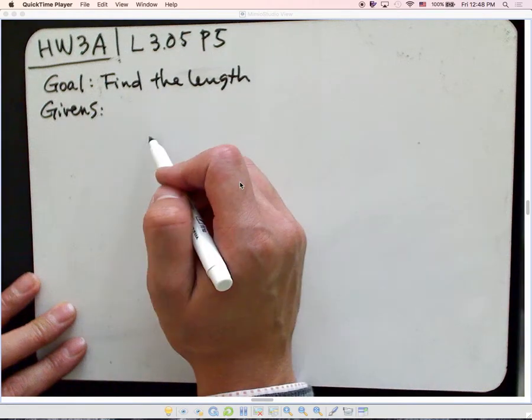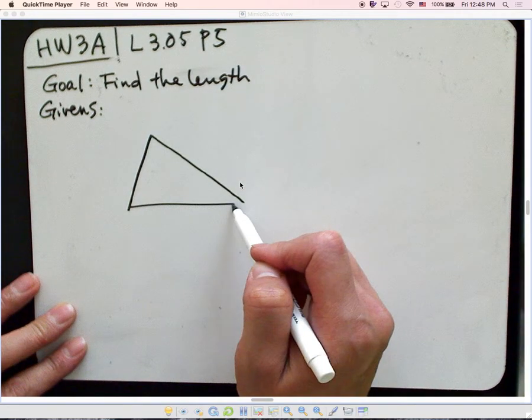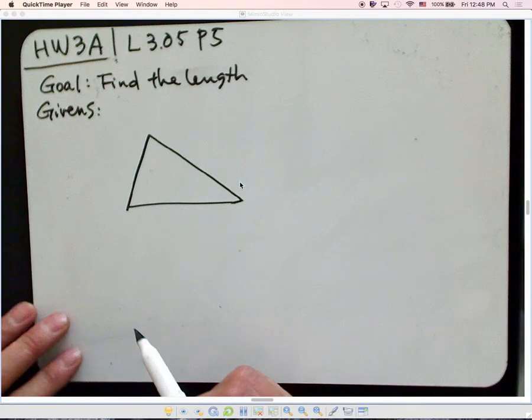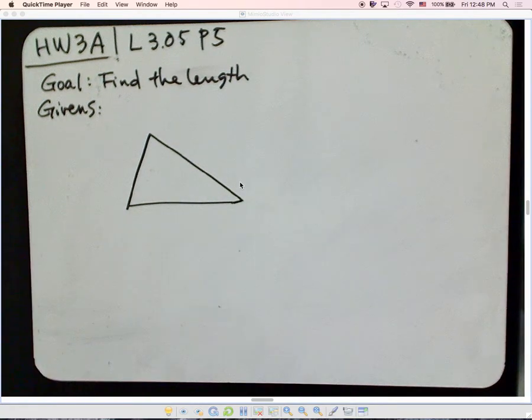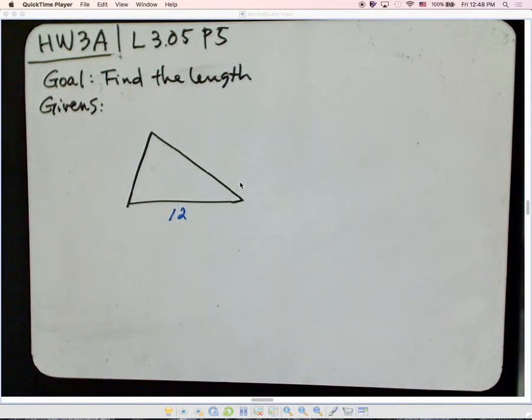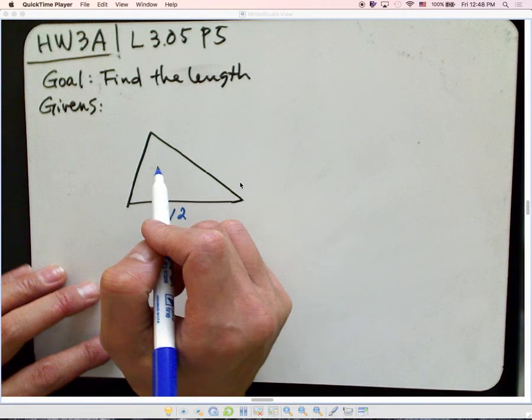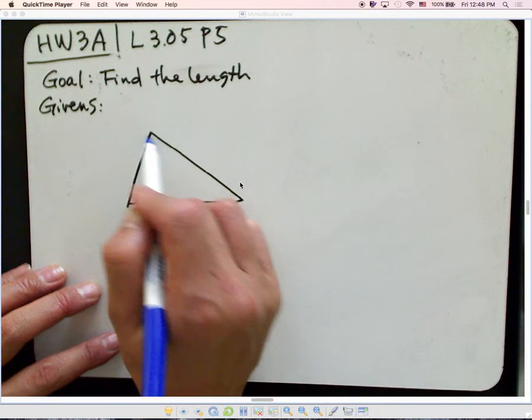So what are the givens? We have a triangle with one side of 12. And we are talking about the segment that joins the midpoints of the other two sides. So that means this guy and this guy, right?